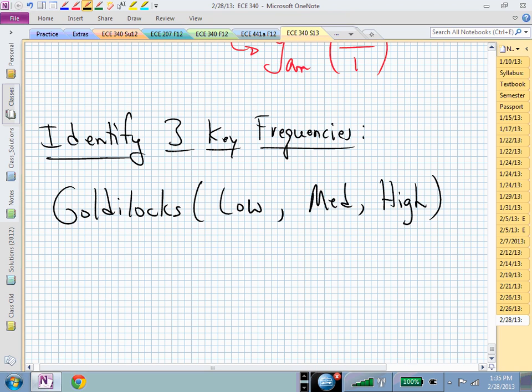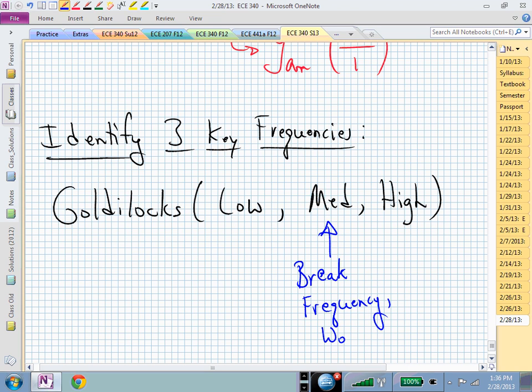And the relationships on those are the following. The one in the middle, the sweet one, that's our break frequency. For any of these factors, it will have a break frequency. That's the omega naught. That's our sweet spot.